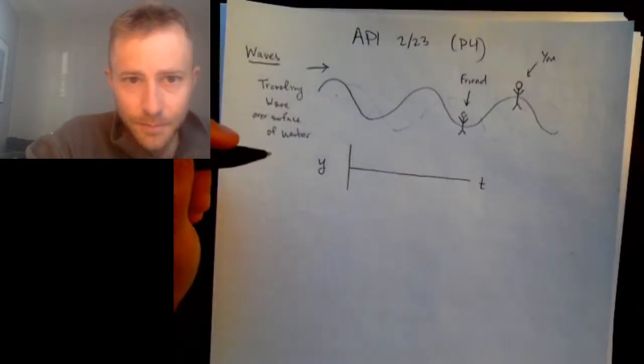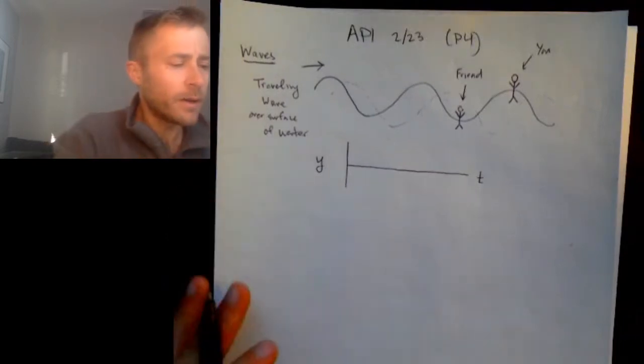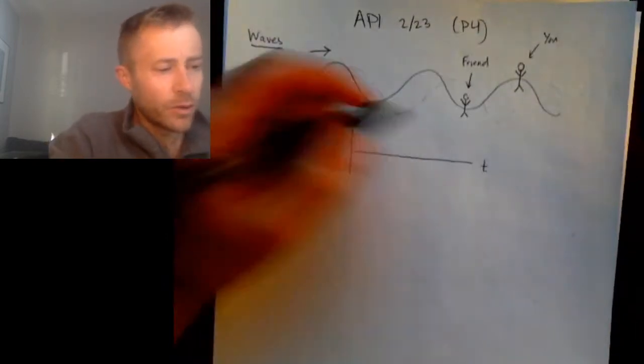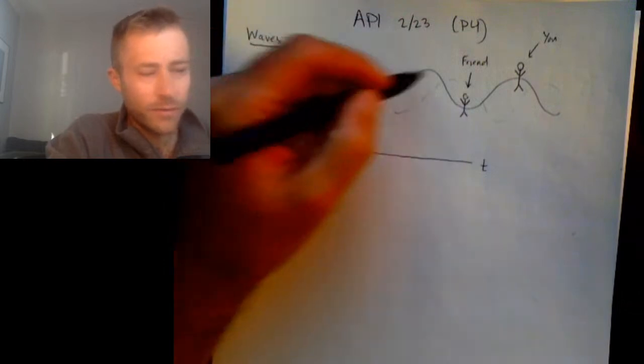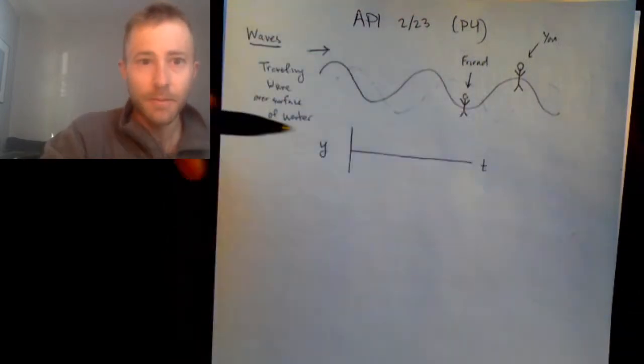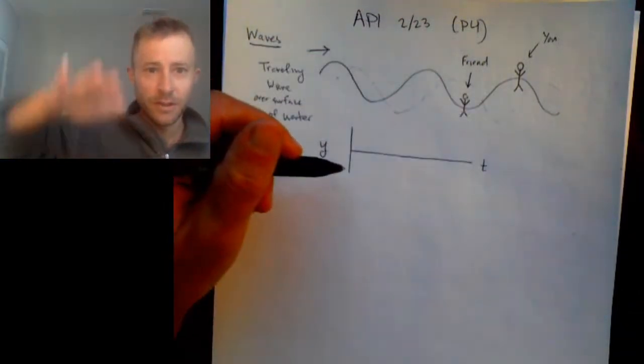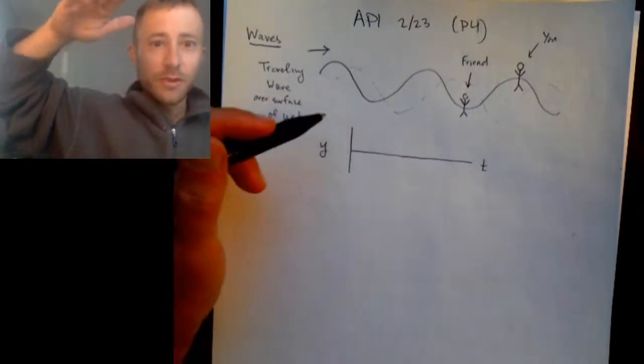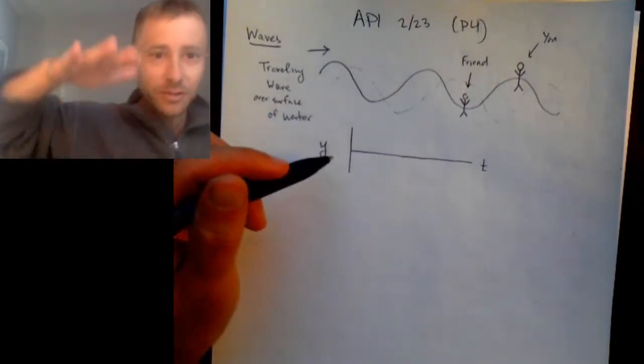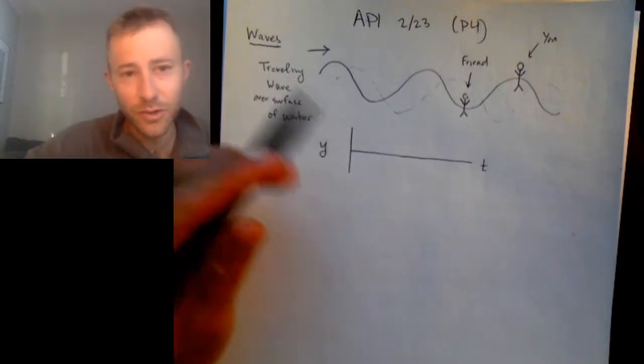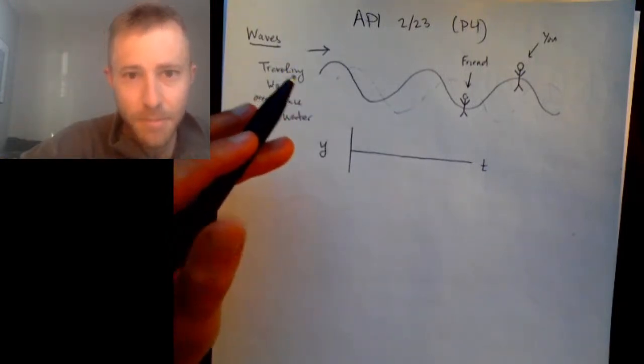And so what you will find is as this wave passes you by, it's going to lift you up, and then it's going to lower you down, and it's going to lift you up, and then lower you down, just like when you're in a boat, okay?